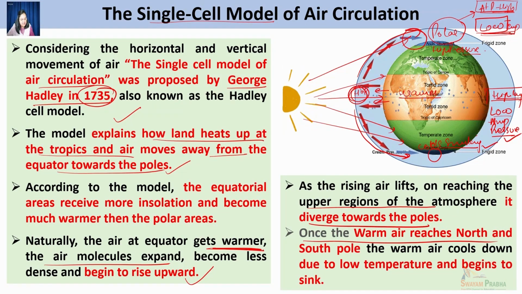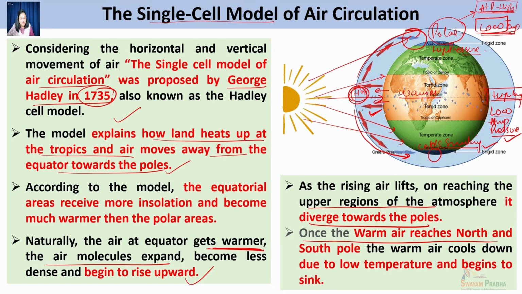So you can see clearly that the warm and light air is rising from the lower latitudes, and it is vertically ascending towards the upper atmospheric regions, showcasing the vertical component of the atmospheric circulation.